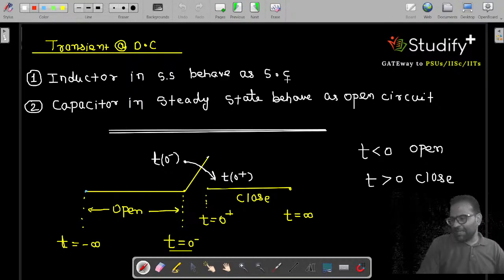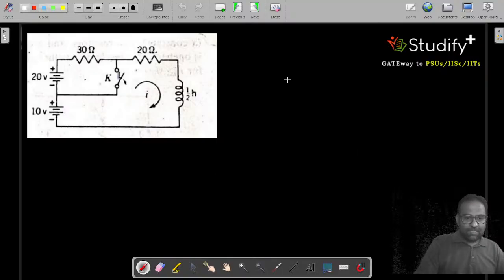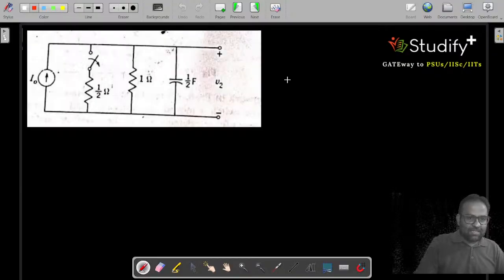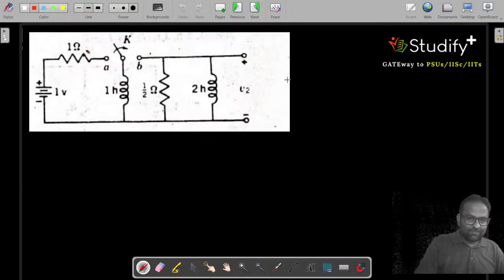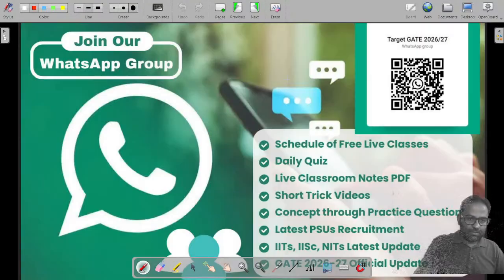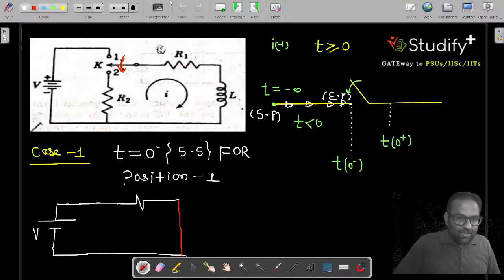So the voltage across the inductor is 0, and this value is R. So can I say the current through the inductor is what? V by R1.